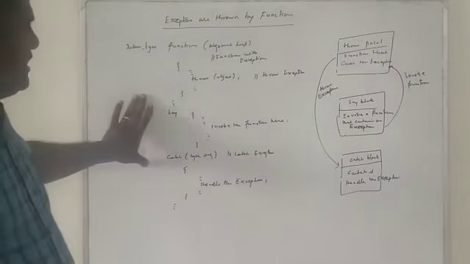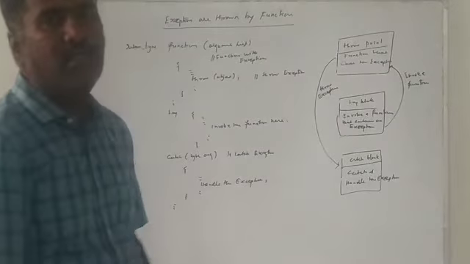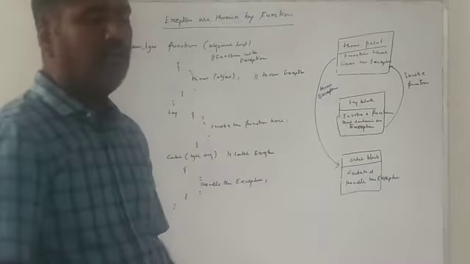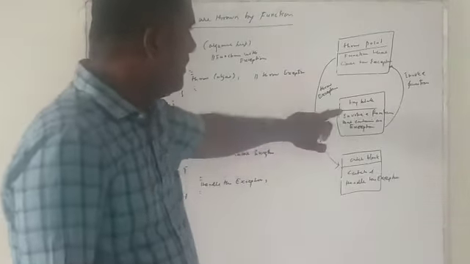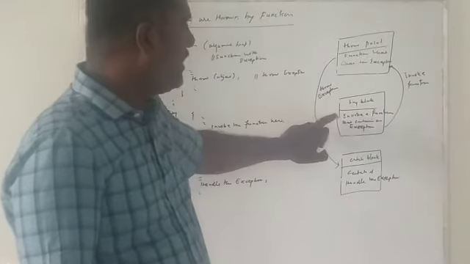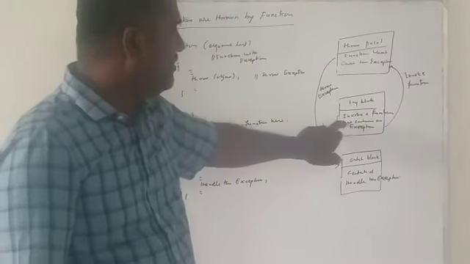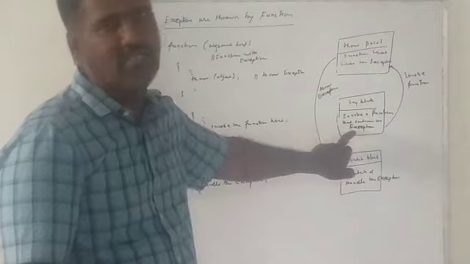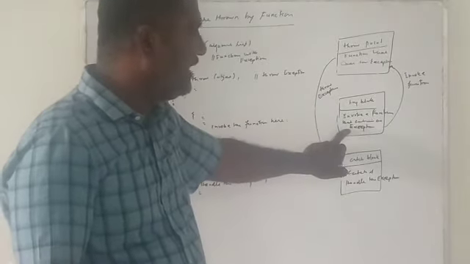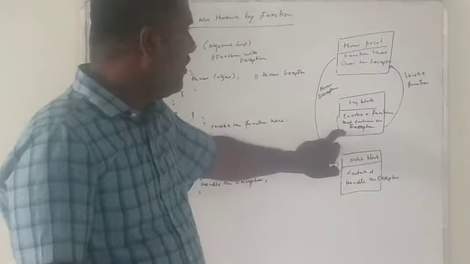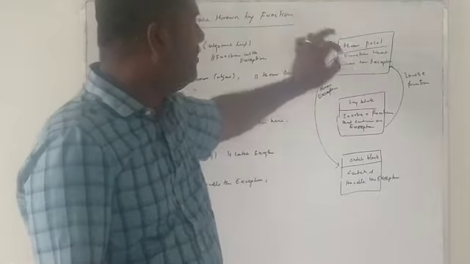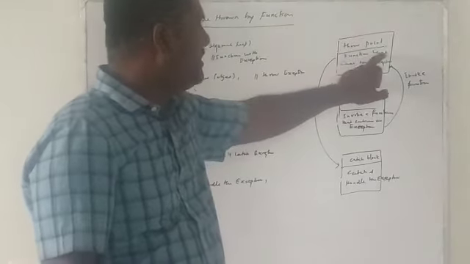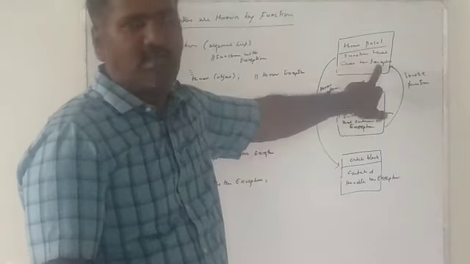The same concept is now discussed in diagram form. The try block invokes a function, and that function contains an exception. Control is transferred to that function, which causes the exception.